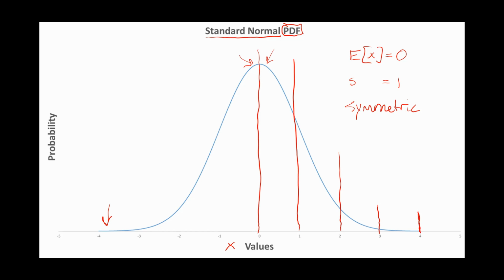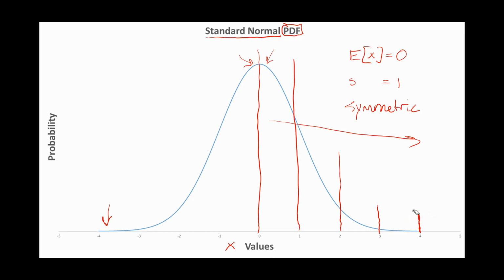You can see that as we get farther away from the mean, it becomes less and less likely for us to find values in that area. It gets extremely unlikely to find a value somewhere around 4. It is quite likely to find a value somewhere around 0, right? So the farther we get from the mean, the less and less likely it is to find a value in that range, in that area.